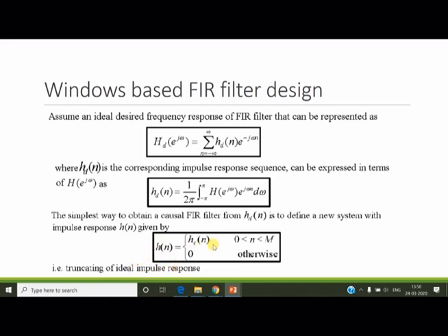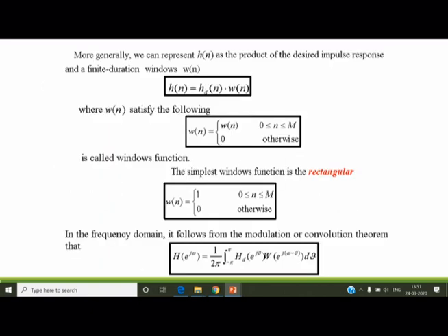So we are truncating it to a finite length so as to practically handle the impulse response coefficient values. So h of n is given only by selected values of the impulse response in the range of 0 to M, and otherwise we are putting it as 0. So these are the initial steps.